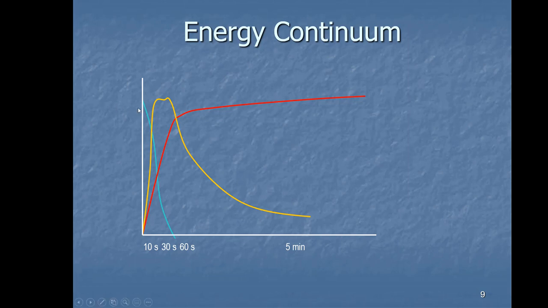The immediate pathway would be outlined in this blue line, but it's going to trail off quick. Then we're going to have to start relying more on the next energy pathway, which this yellow line would be, glycolytic, which kicks in for the majority of your energy transfer from that window of, let's say, 20 seconds up to about 90 seconds.